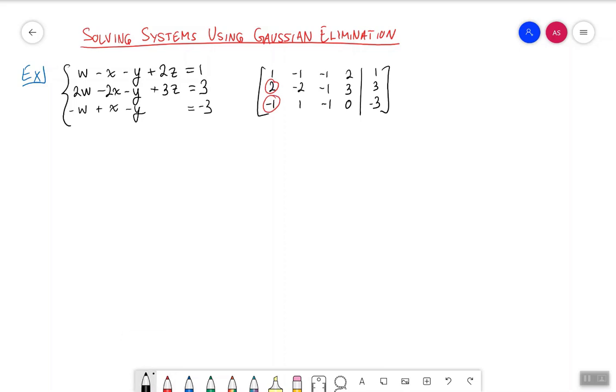I can do that by doing R2 minus 2R1. The first row stays the same, and so does the third row.